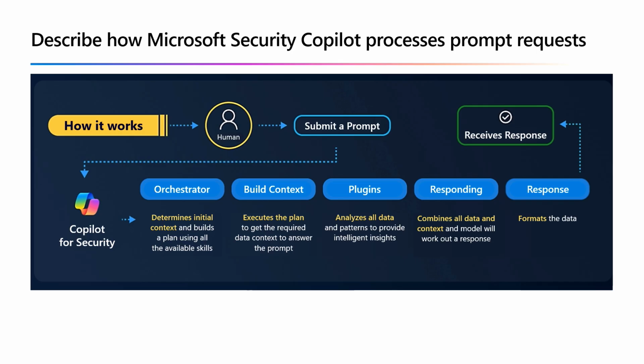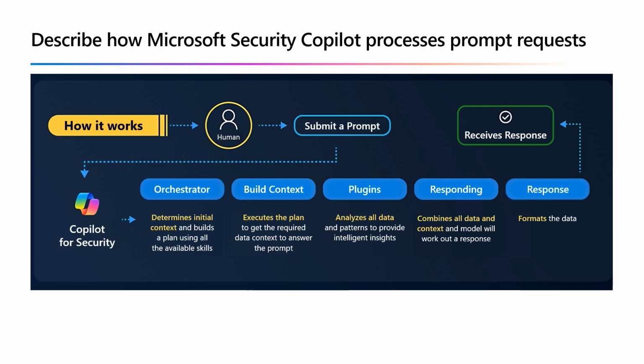Once a plan is defined and built, Copilot executes the plan to get the required data context to answer the prompt. In the course of executing the plan, Copilot analyzes all data and patterns to provide intelligent insights. These include reasoning over all the plugins and sources of data enabled and available to Copilot.